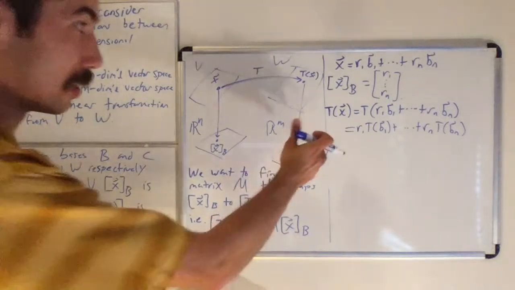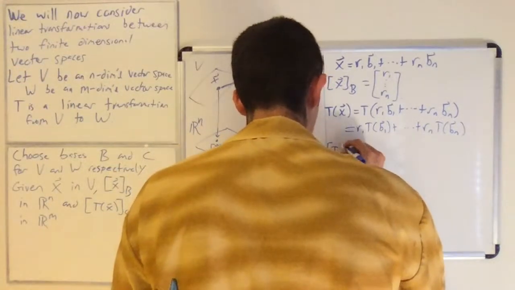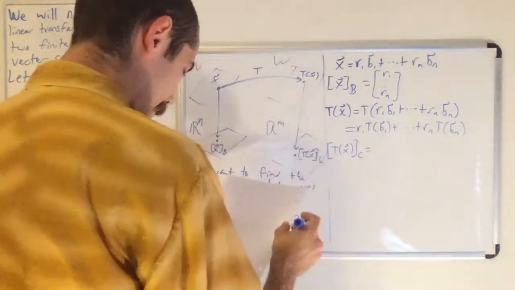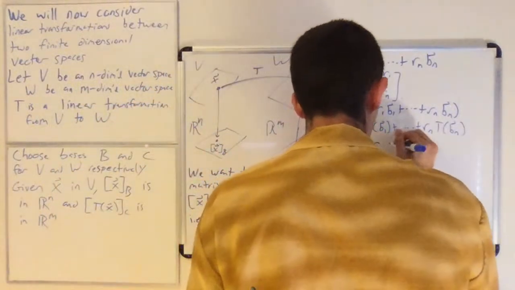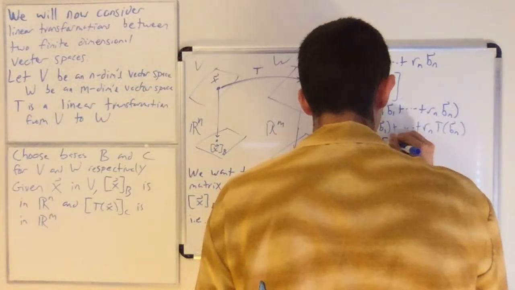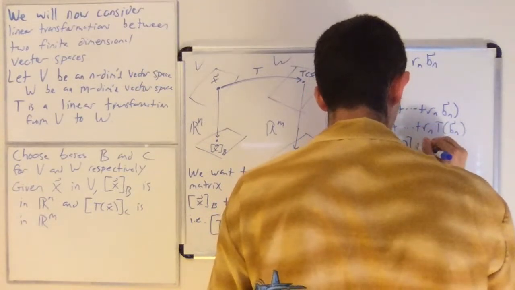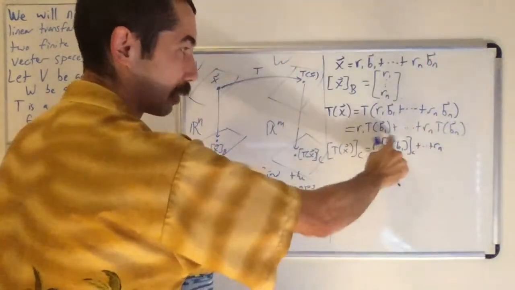So let's take the C coordinates of both sides. And taking the C coordinates is also a linear map. So we could just evaluate the C coordinates of each of the vectors here.